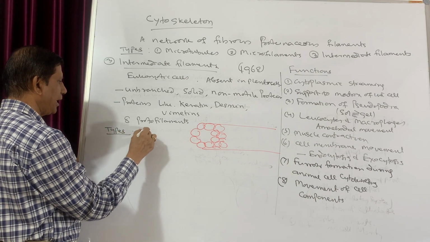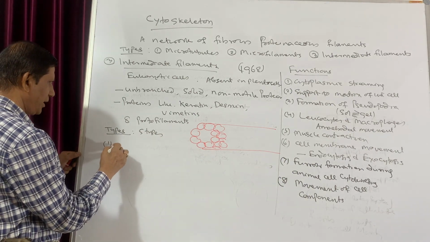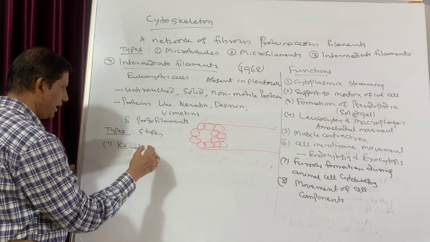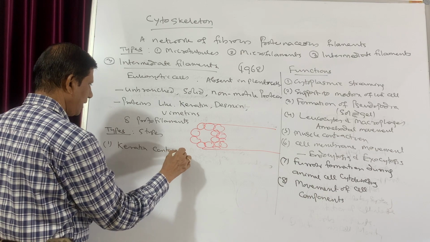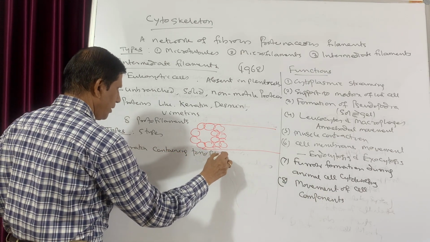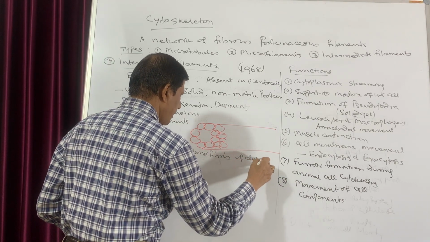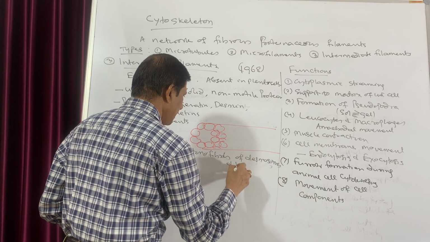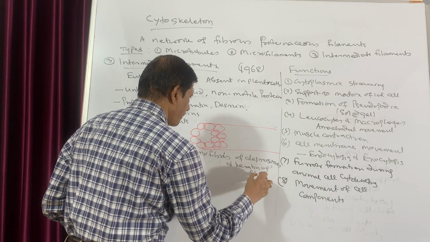Number 1 is keratin, containing tonofibrils of desmosomes, and keratin of skin.